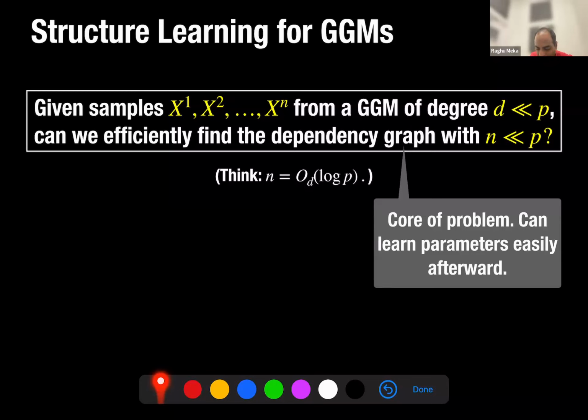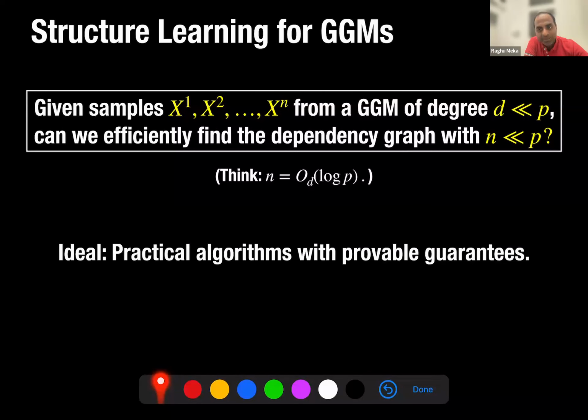If we learn the dependency graph, that's the main difficulty, and once we do that, it is easy to learn the parameters afterward. So the crux and the main goal is to learn the dependency graph. Ideally, we would want practical algorithms with provable guarantees. We want simple to implement, nice algorithms, which actually are guaranteed to work under whatever assumptions that you want to make, right? We want to quantify when this algorithm works.